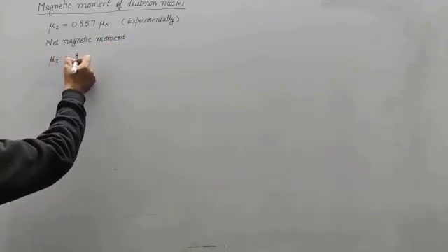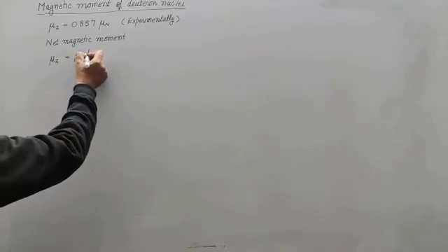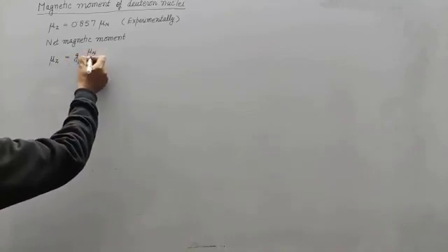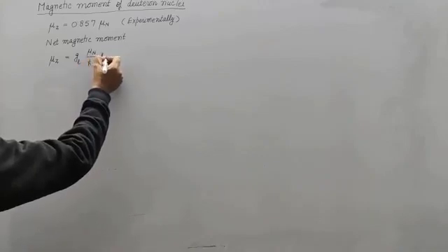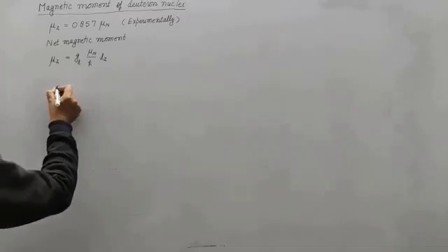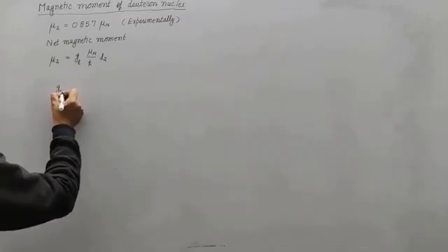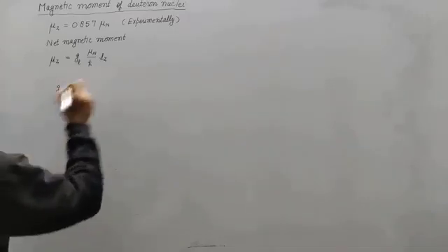This will be GL mu n upon h cross, and here it will be Lz. This is the first term, which is due to the orbital motion of the proton, and here the value of GL is 1.